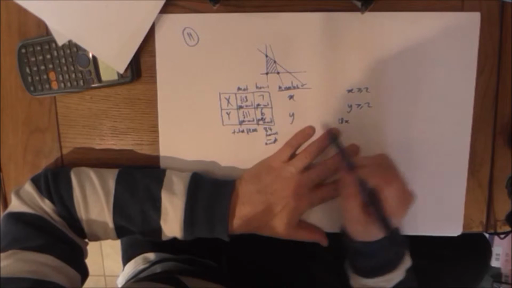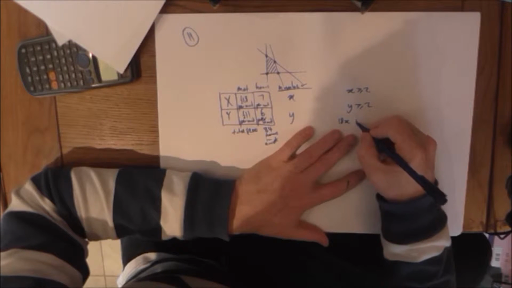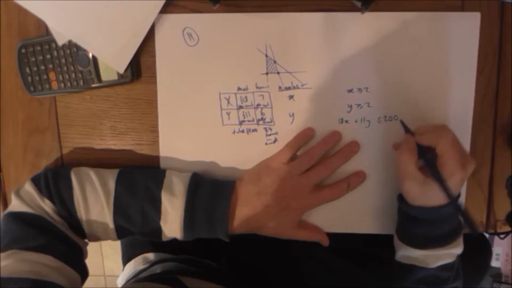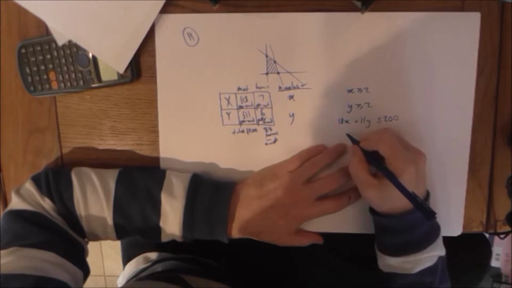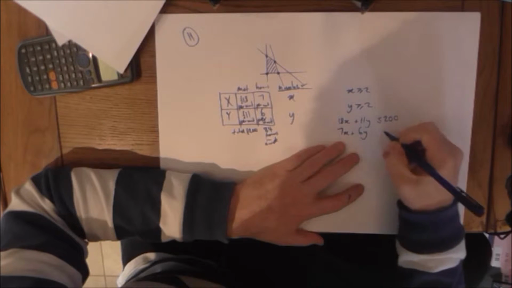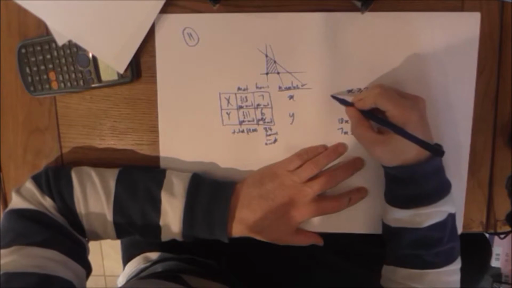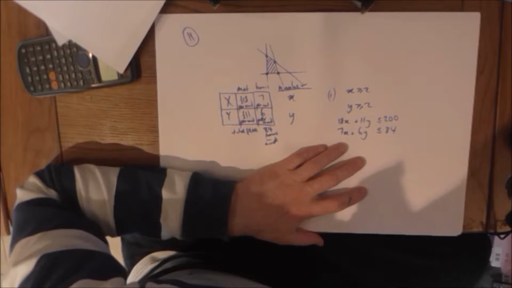How did I get that? 18 times x, that's how I get this. So that has to come out to be less than or equal to 200. Also, 7x plus 6y has to be less than or equal to 84. So that's Roman numeral part 1. That's my 4 inequalities. I'm just going to check I've got that right. Yes, I do.